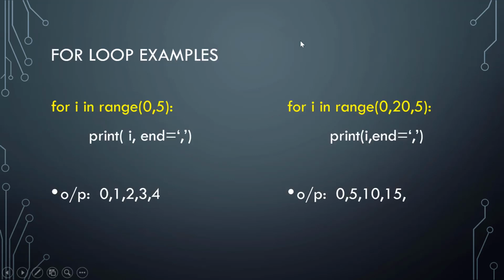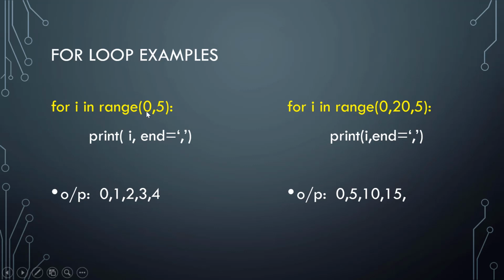Here, straight away, we are using for with range. For i in range of 0 comma 5. I already explained range in previous sessions, and again I'm going to use range now with the for loop. 0 to 5 means it will go up to 5 minus 1.